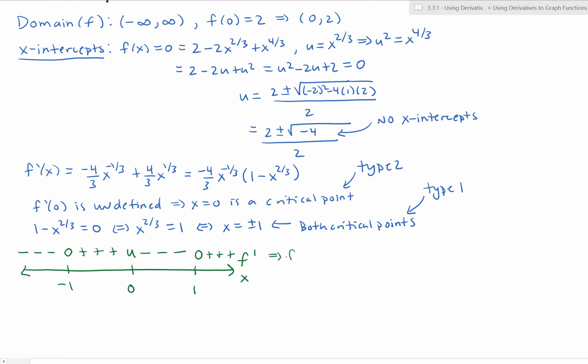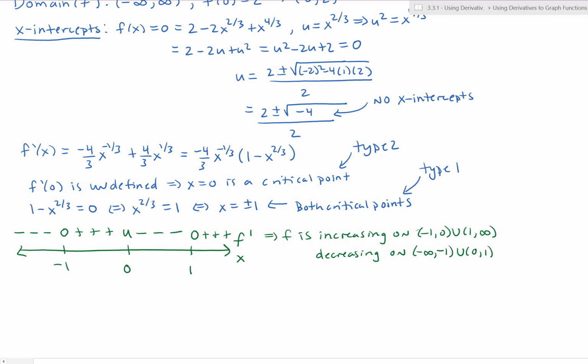It tells us that f is increasing on the interval where this derivative is positive, and that'd be from negative 1 to 0, and also from 1 to infinity. We can also say that the function is decreasing on the interval where this function's derivative is negative. So negative infinity to negative 1, union with 0 to 1.